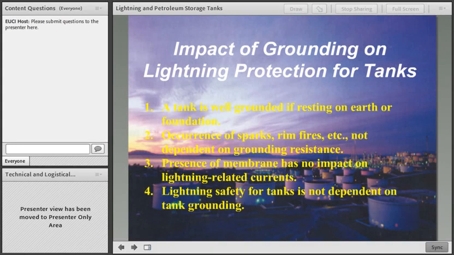So a membrane neither increases nor decreases the lightning-related risk to that tank. So basically, in conclusion, with grounding, lightning safety is not dependent on tank grounding.